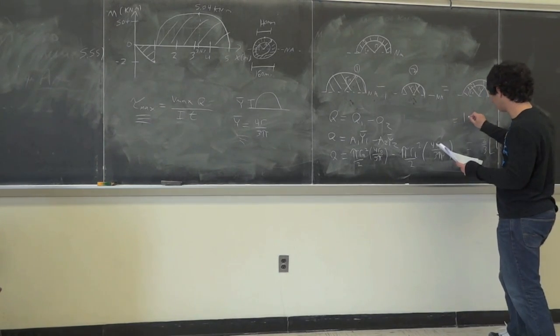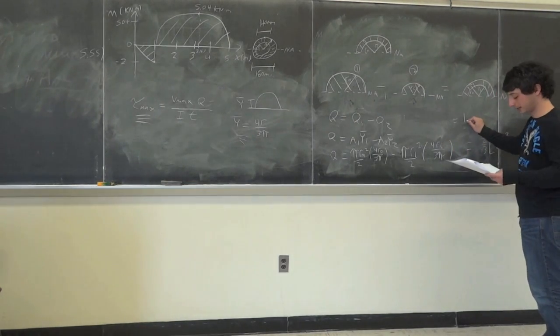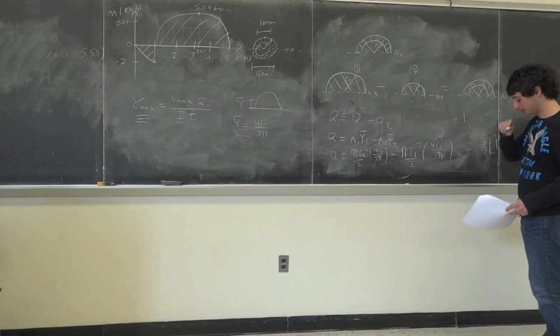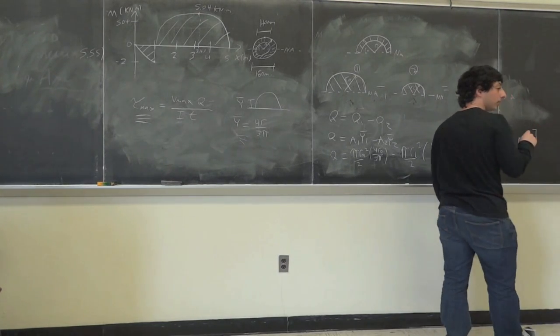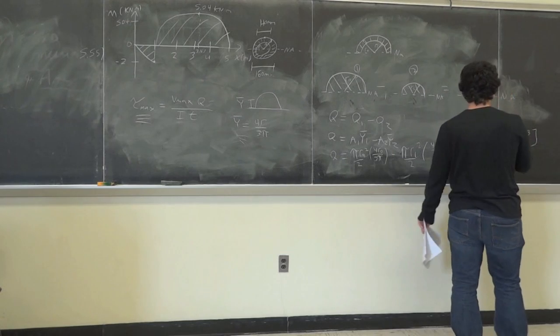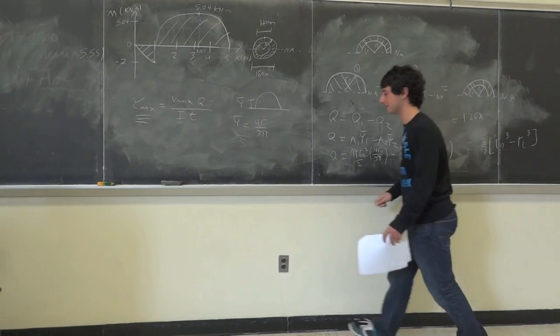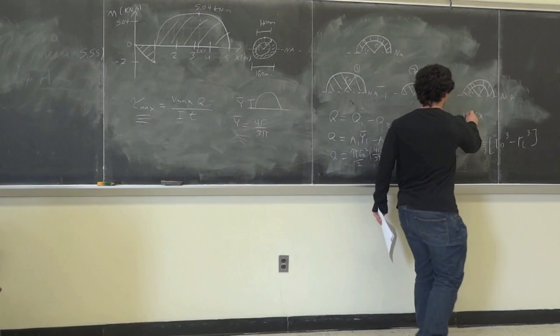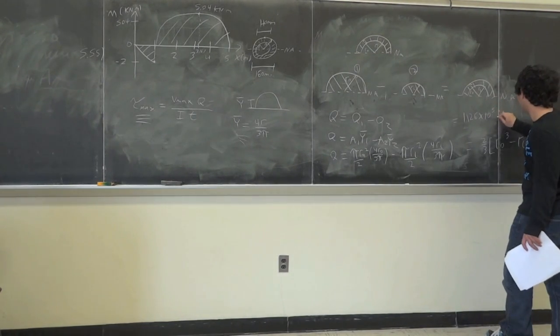What is it in scientific notation? 1.126 times 10 to the 5th. Millimeters to the third? Yeah.